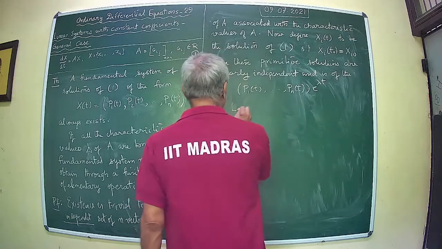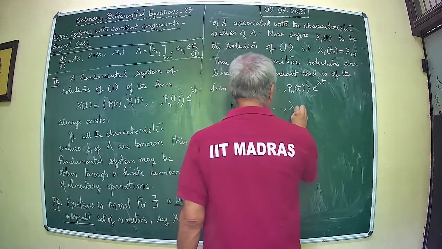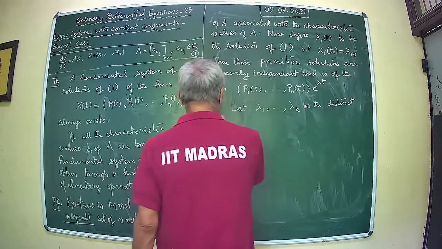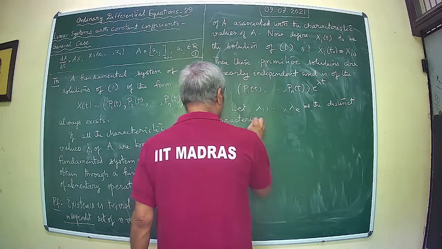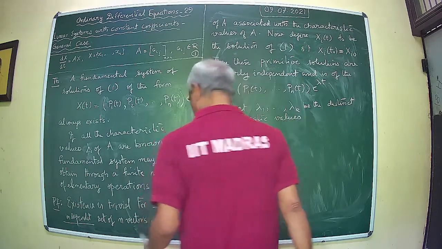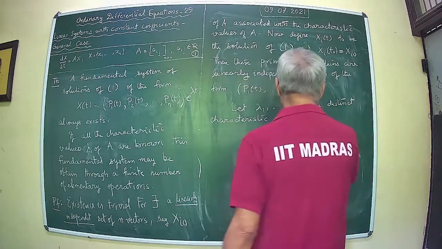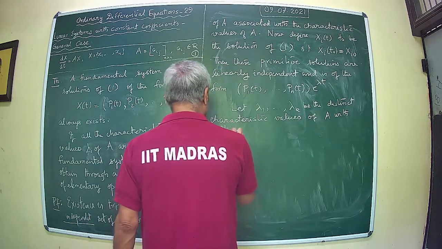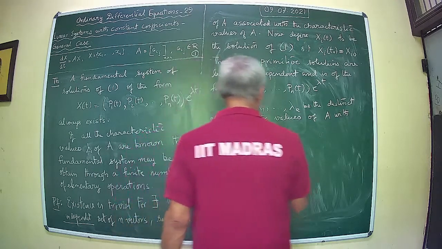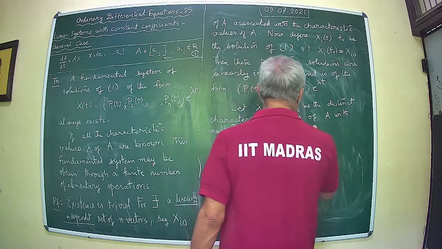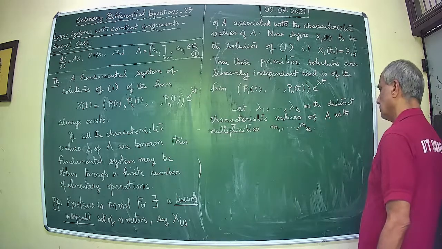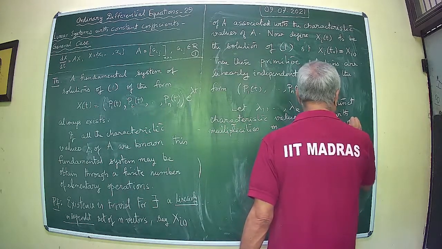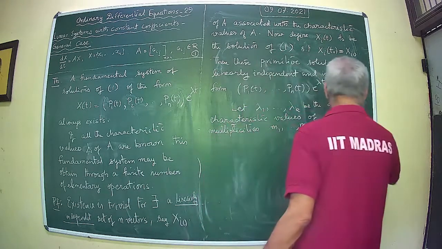Let lambda one and so on be the distinct eigenvalues with their multiplicities.